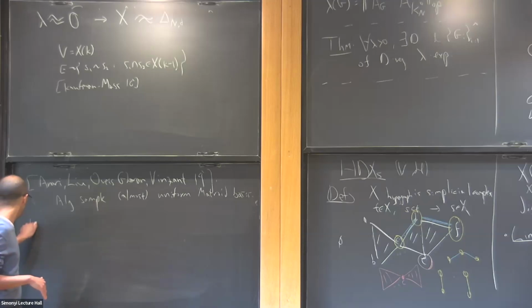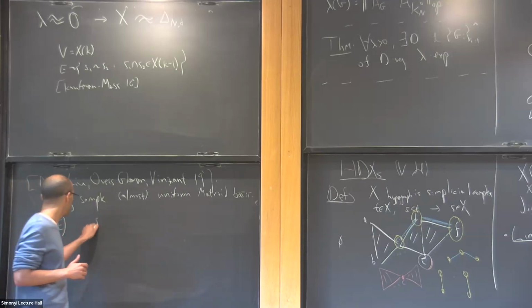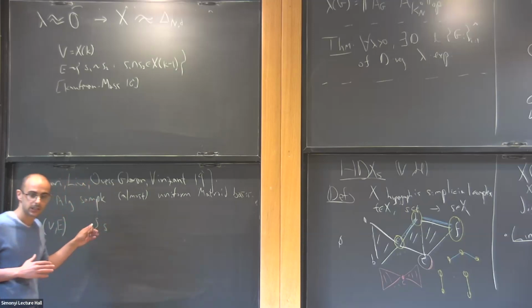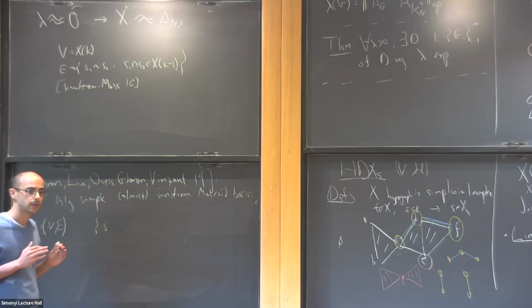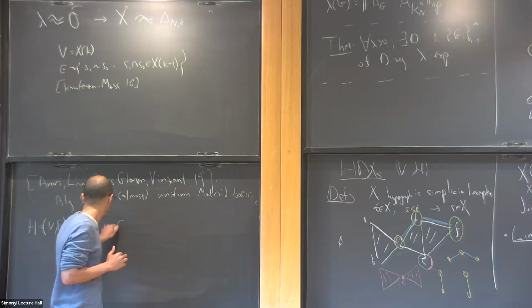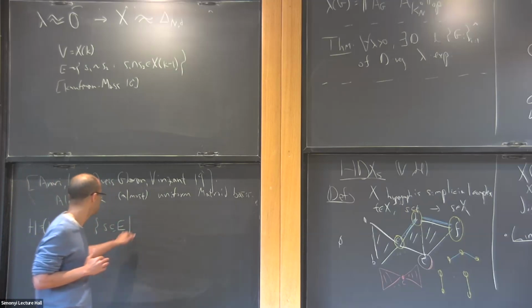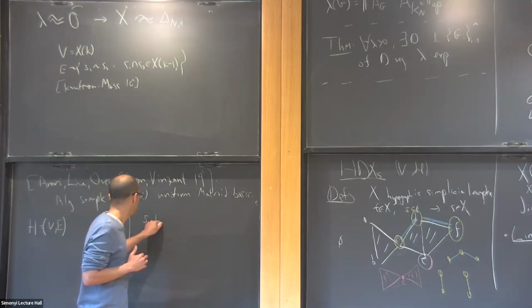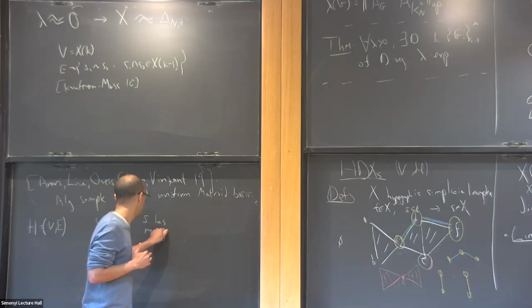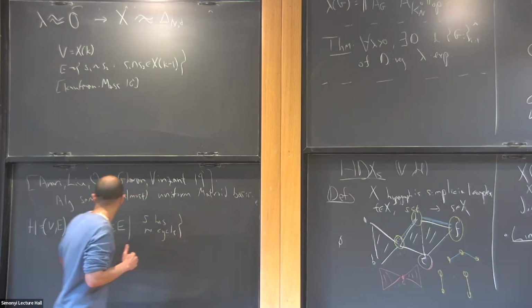You look at some graph H, and your matroid is the set system that contains all subgraphs of H that are acyclic, that contain no cycle. So let's call them sets of edges in H, so that S has no cycle.